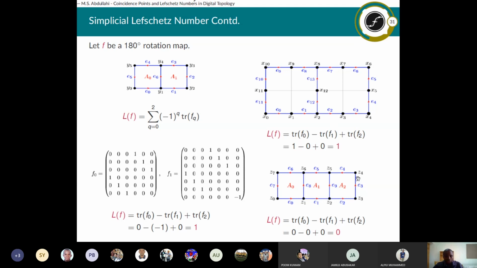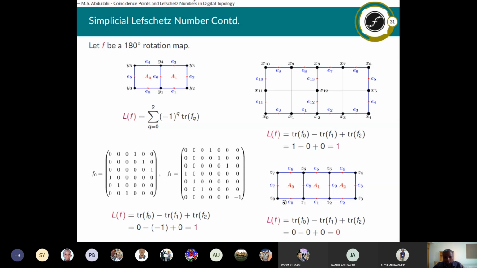But also, for this example, when we have this 180-degree rotation, we can see that all these points will go up here, and those at the top will come to the bottom. That means all the 0-dimensional points have been shifted by the function, and therefore this trace is going to be 0.